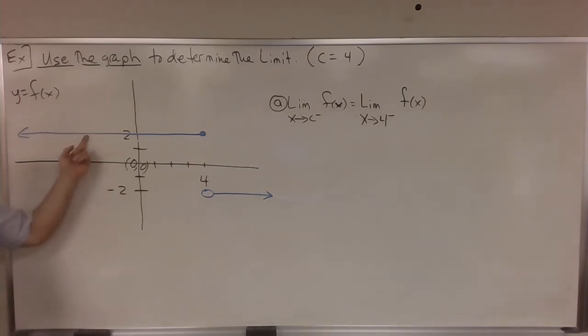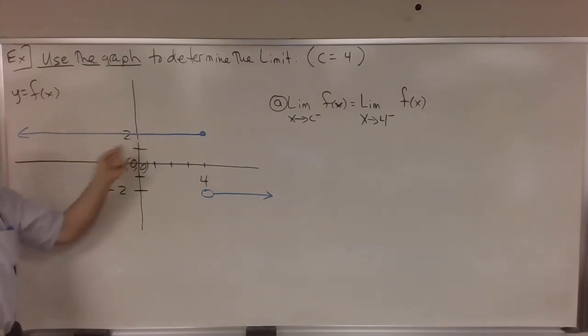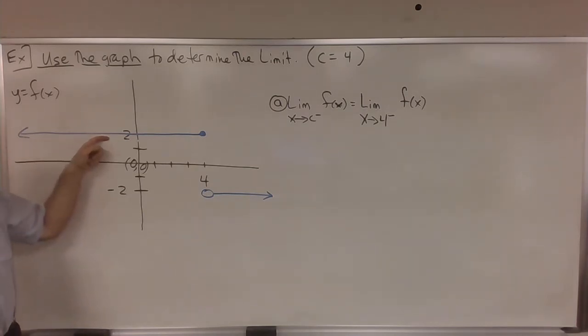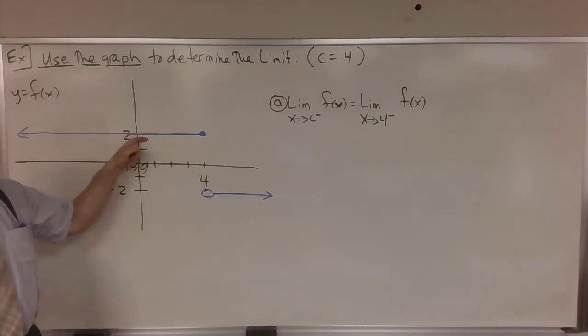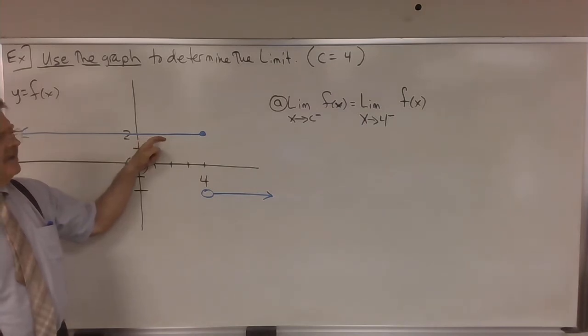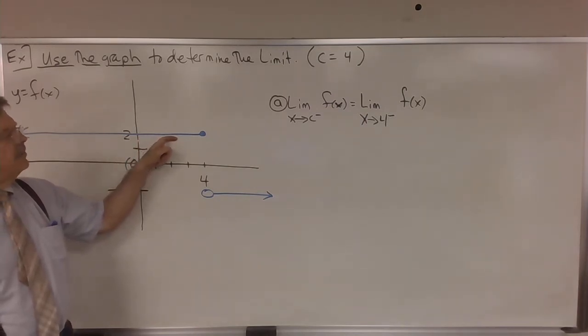Well, looking at this part of the graph, it looks like the y-coordinate of every single point on this part of the graph is 2. The y-coordinate of this point is 2, this point is 2, this point is 2. So as I move along the graph in such a way that x approaches 4 from the left, the y value remains constant at y equal 2.